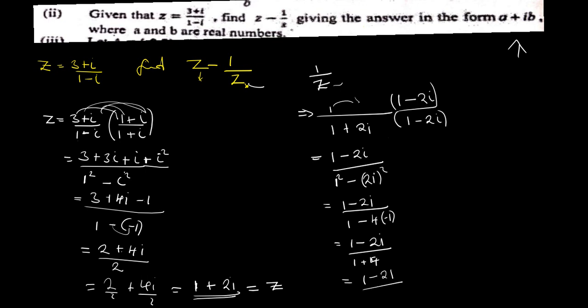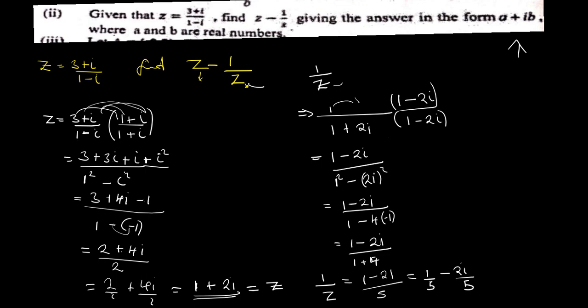So now I can say this is 1 over 5 minus 2i over 5, like that. So this is the value of what? 1 over z.